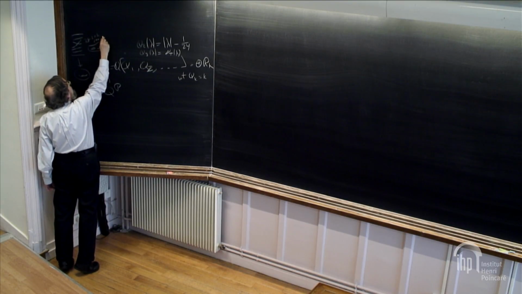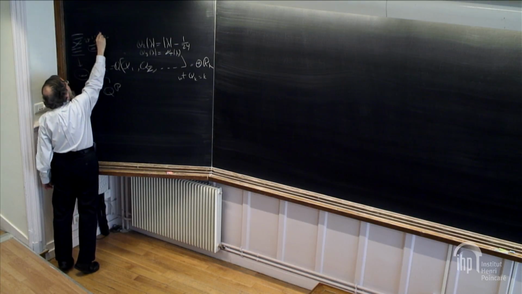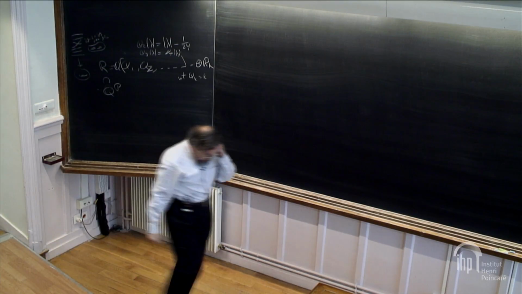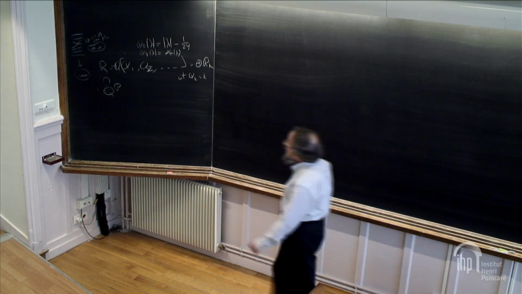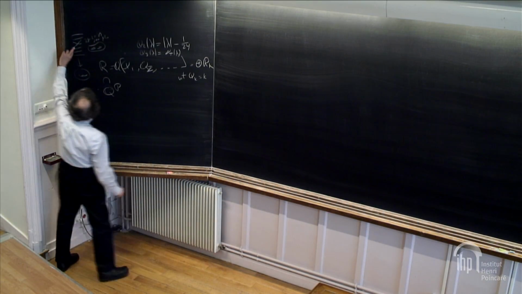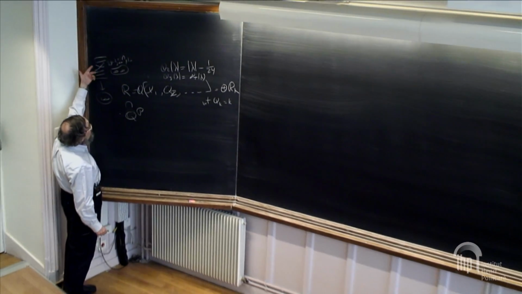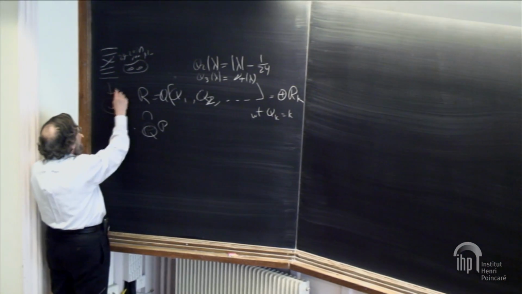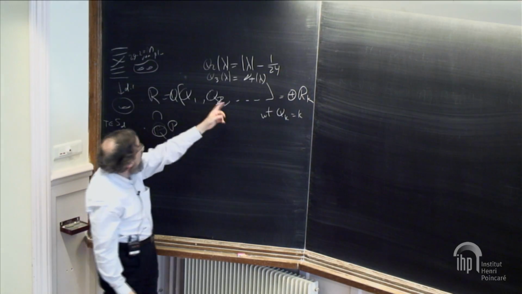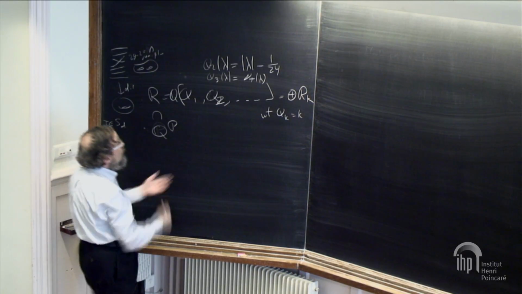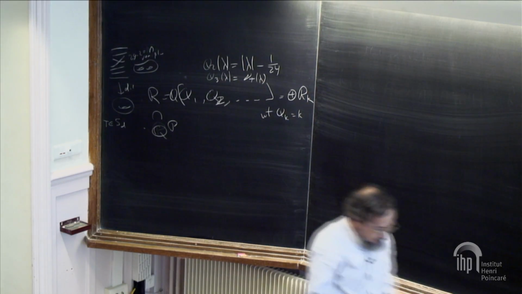Actually, I should now call it n, because that's the notation Martin always uses. So I have n equals 2G minus 2 ramification points, but at each ramification point, you have the transposition in the symmetric group on D letters. So you have T in S_D.